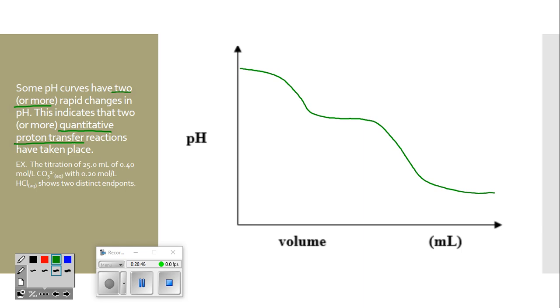Now, if I look at this pH curve, I'm saying that there were 2 distinct endpoints. An endpoint is the middle of the sharp change in pH. So if I look, I put a dot on each of my endpoints. Now the line that I drew over to the y-axis is just there so I can see things.